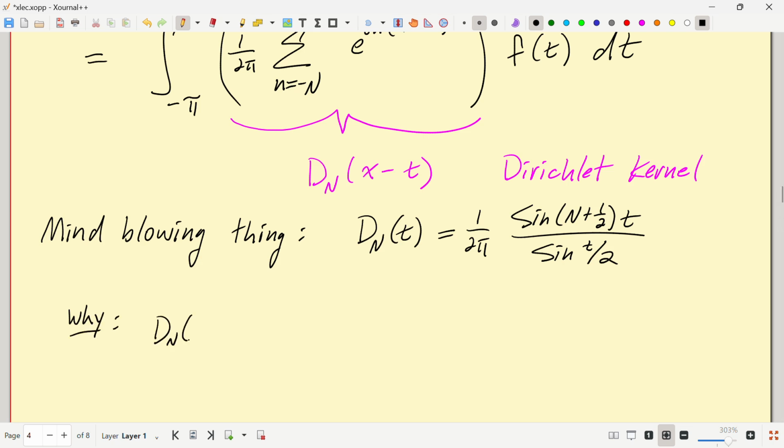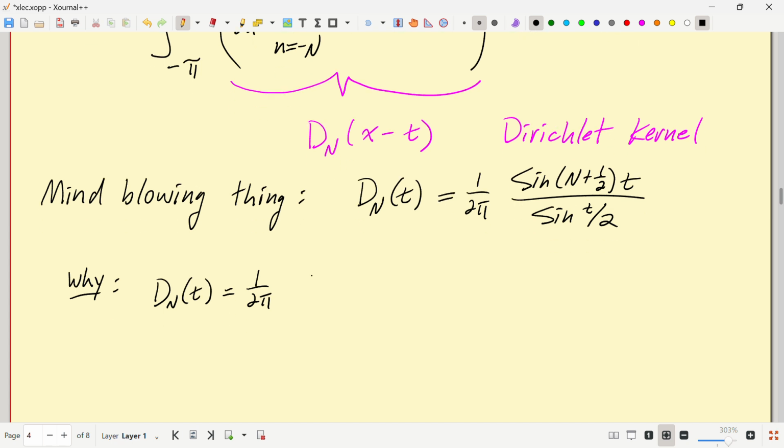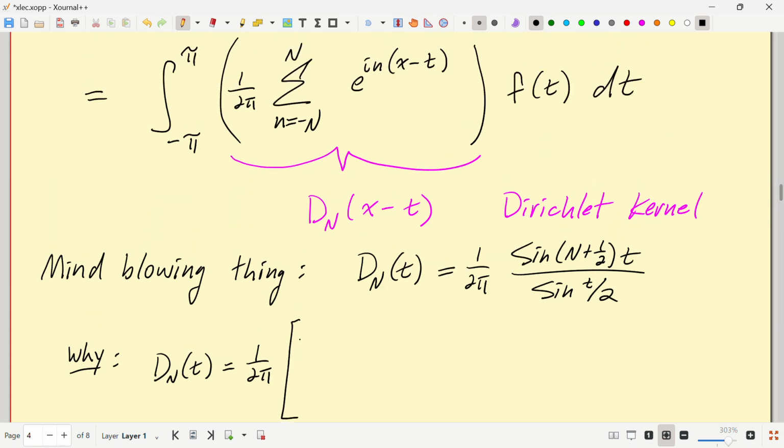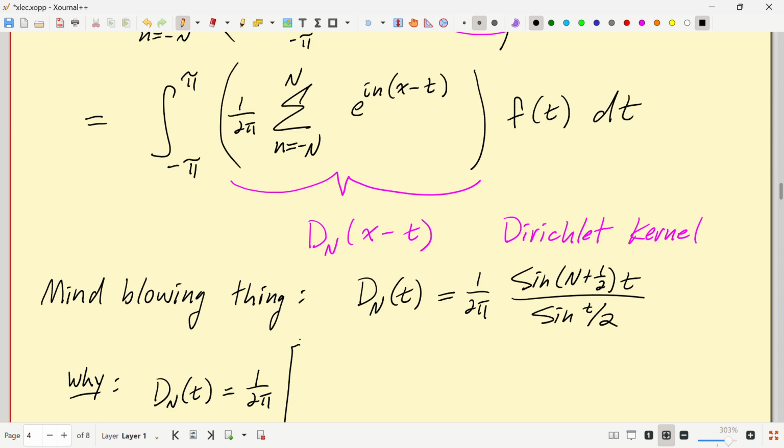Dn of t is the sum, that's 1 over 2 pi, of e to the int for n from minus N to N. There's the Dirichlet kernel. It's the sum of those exponentials with 1 over 2 pi in front.